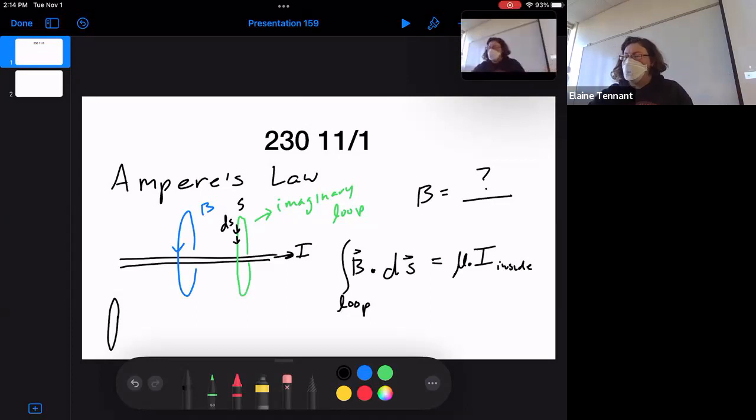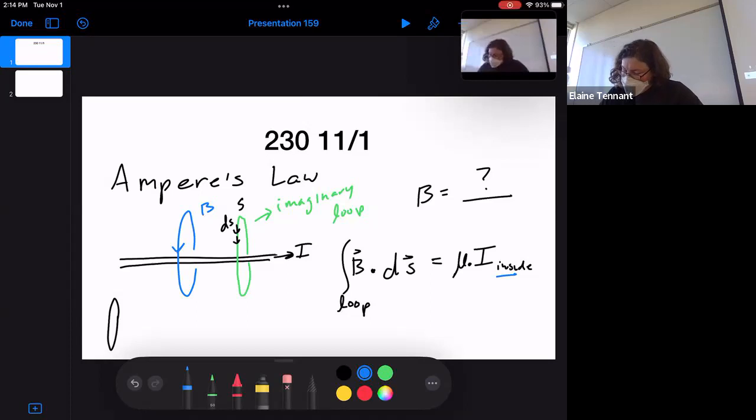No, right? So I would only expect a magnetic field if I have some current going through my loop. That's the idea: I need some current going through the loop, and it only matters if the current goes through the loop. It doesn't matter if the current is outside of the loop. Make sense?